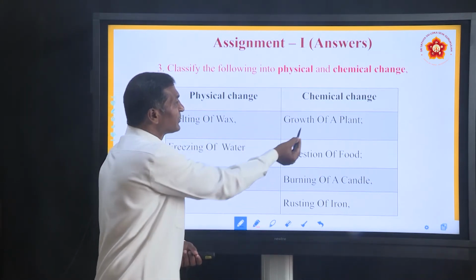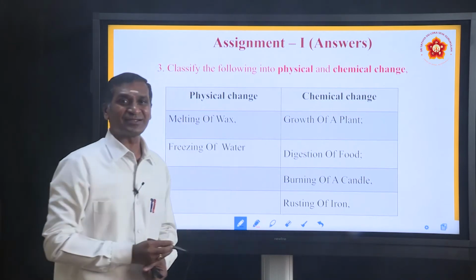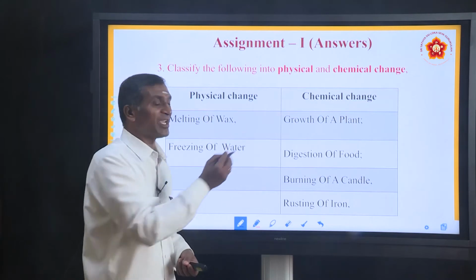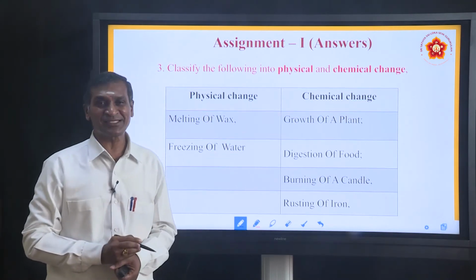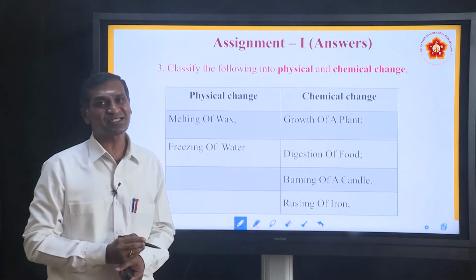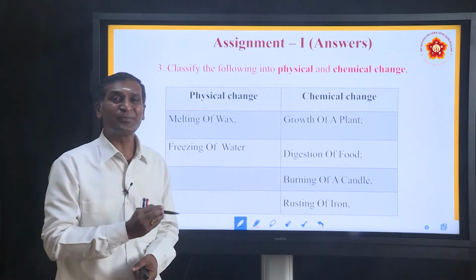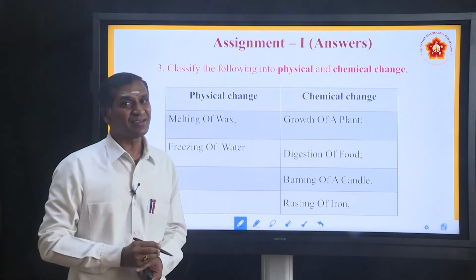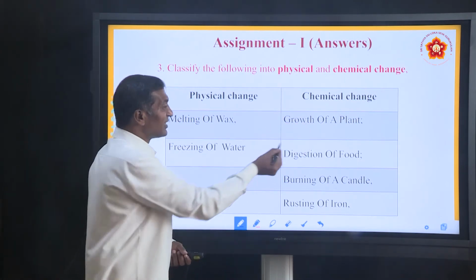Chemical change: growth of a plant is a chemical change. A change which is irreversible, a change where a new substance is formed, a permanent change. So, growth of a plant is a chemical change.